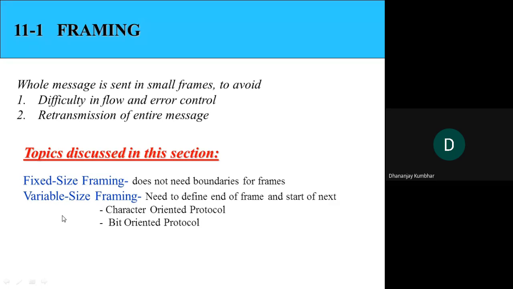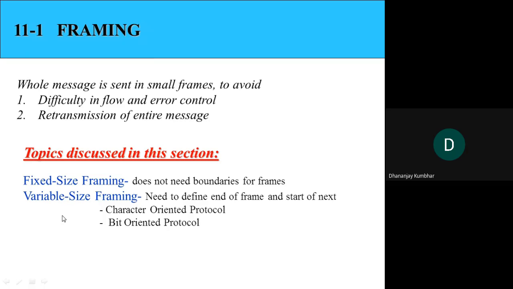Instead of that, what if we have 1000 bits and we divide those 1000 bits into groups of 50 bits per frame, and then keep on transmitting frames of 50 bits each. If any error occurs in any of the frames, then we have to retransmit only 50 bits. We have to forget about all the other frames which were sent correctly. We need not bother with those 950 bits.